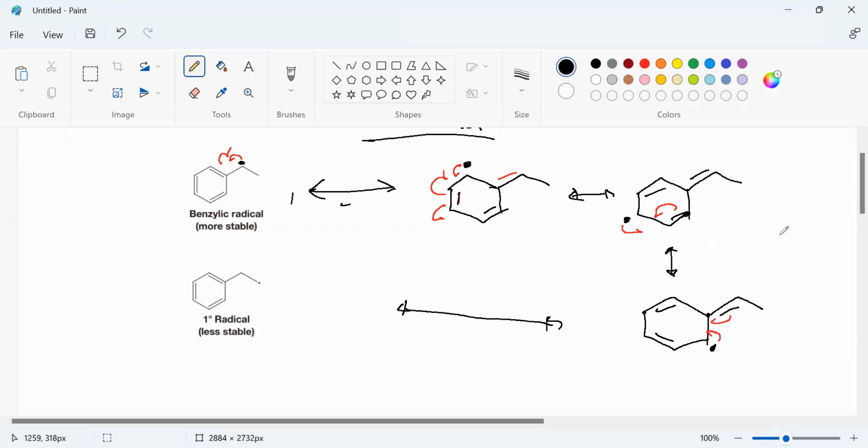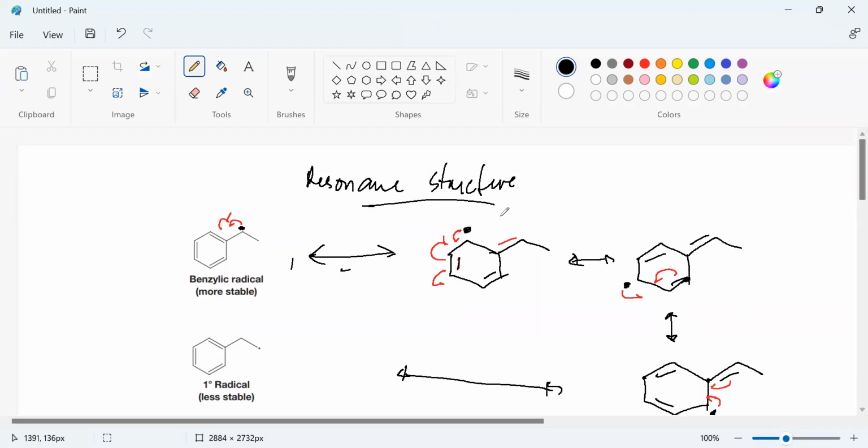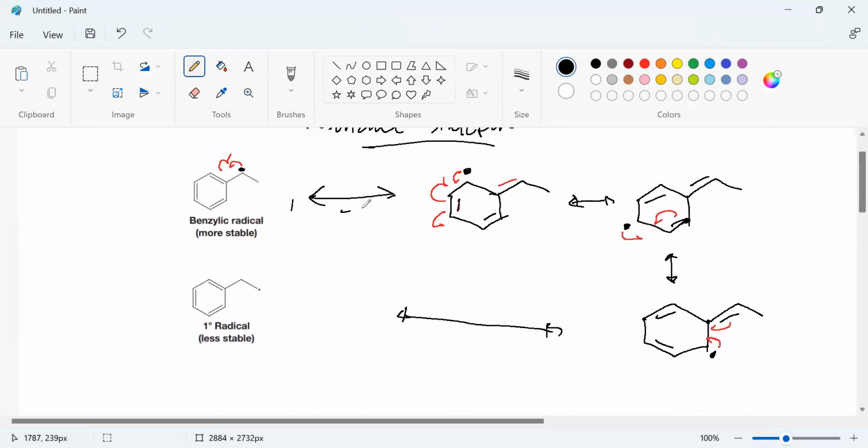This is what you call the contributing resonance structures formed from your benzylic radical, in such a way that for all these contributing resonance structures, like 1, 2, 3, and 4, we have a resonance hybrid, with the dashes at these positions.